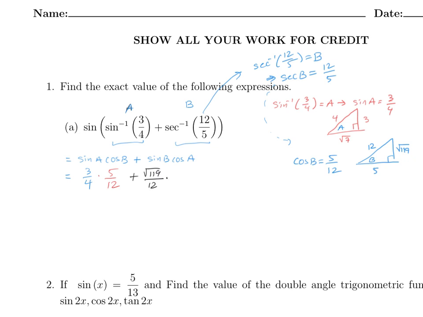And cosine of A will be this over this, so that's the radical 7 over 4. Then if you simplify a little bit more, this will be 15 plus the square root of 833, everything divided by 48, because 4 times 12 is 48. Okay, and that's it.